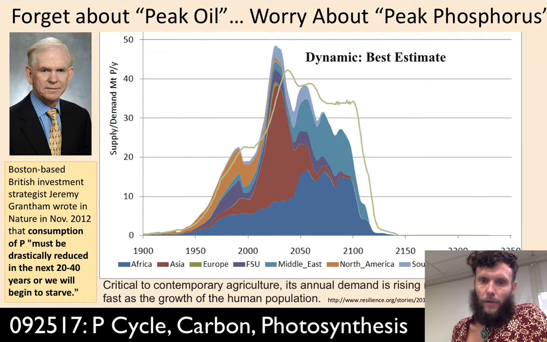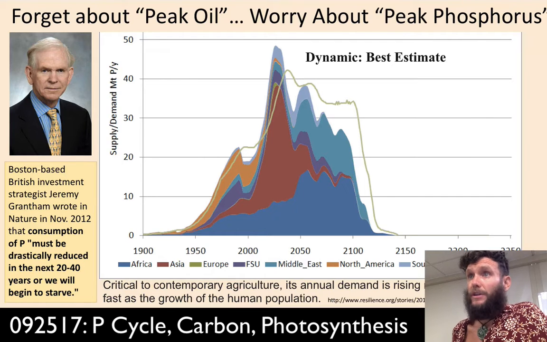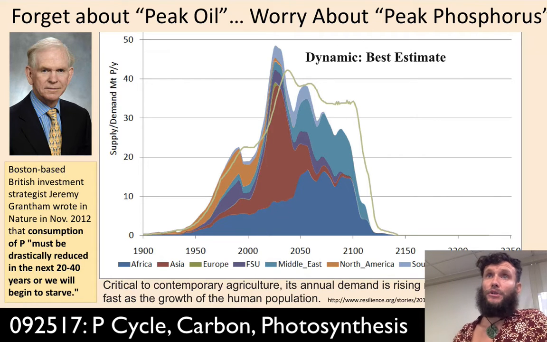But if you look, that gap between that green line and the estimate of phosphate extraction, that is what you call famine and starvation. That's people not being fed. There are a lot of people on the planet now, right? About 8 billion people, and there are different estimates as to what that population cap is going to be.